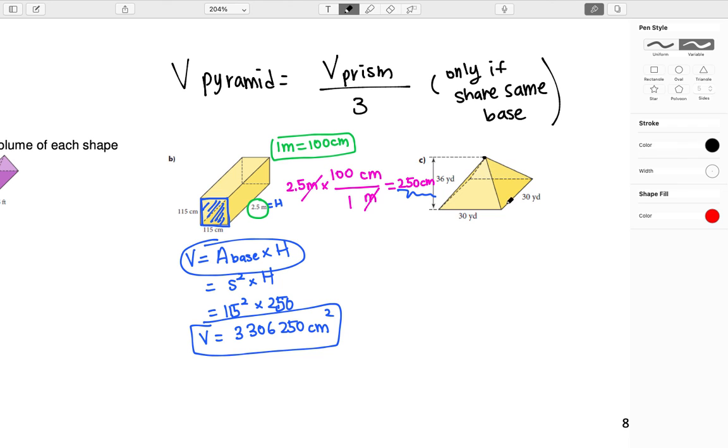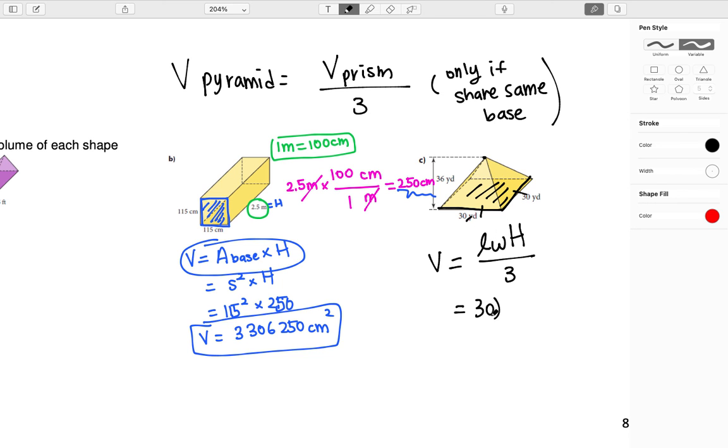So for this one, it looks like we're again given a square base pyramid. It's the same, a square base pyramid. So for the volume, if you look at the formula, it says length times width times the height of the pyramid divided by 3. Notice how all the units are the same: yard, yard, and yard.